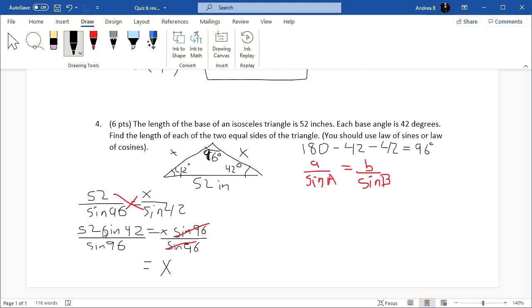So if we go through and plug that in, we're going to get about 34.99 approximately, looks like, if we rounded it to 2 decimal places, and that would be in terms of degrees there.